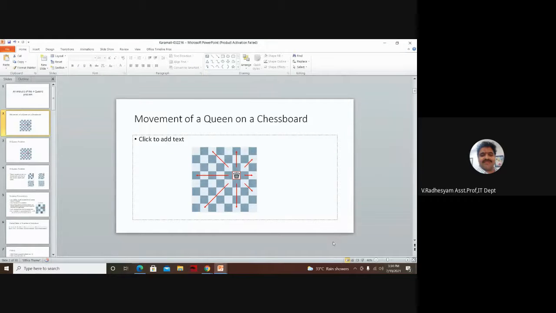Actually, we are learning about backtracking and branch and bound. In the last few classes, we learned about branch and bound. Branch and bound uses a data structure called a state space tree, and it can be used to solve optimization problems.